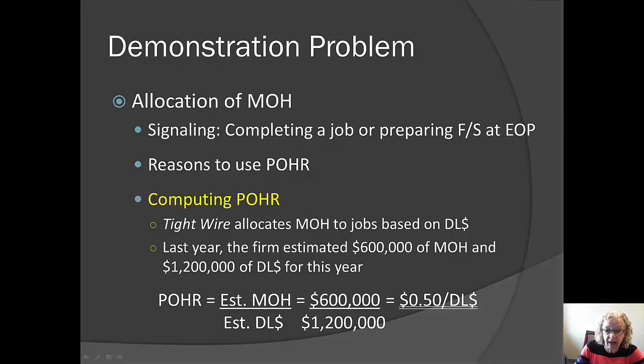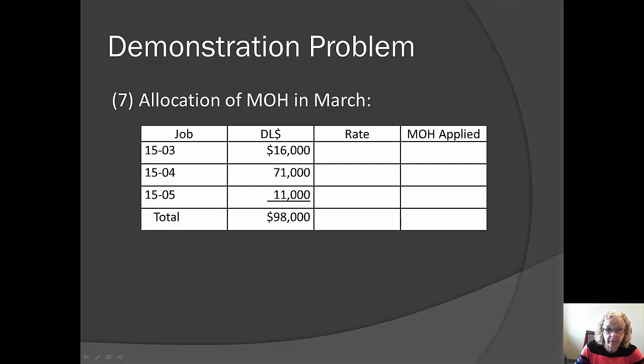Let's see how that works. For job 1503, if you look back in your notes, that job used $16,000 of labor during March. At 50 cents per labor dollar, the predetermined overhead rate tells us to assign $8,000 of overhead to that job.